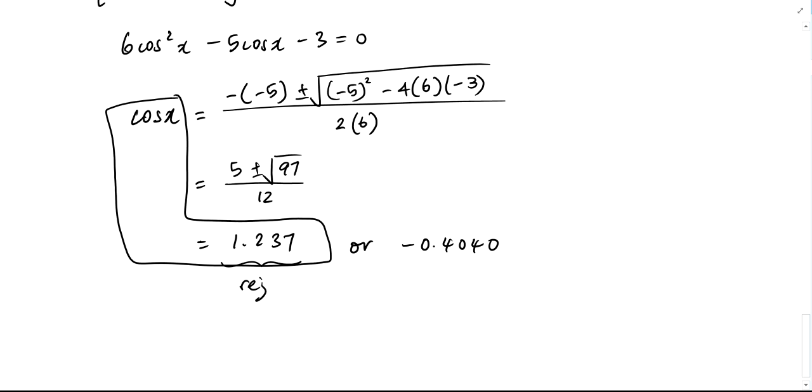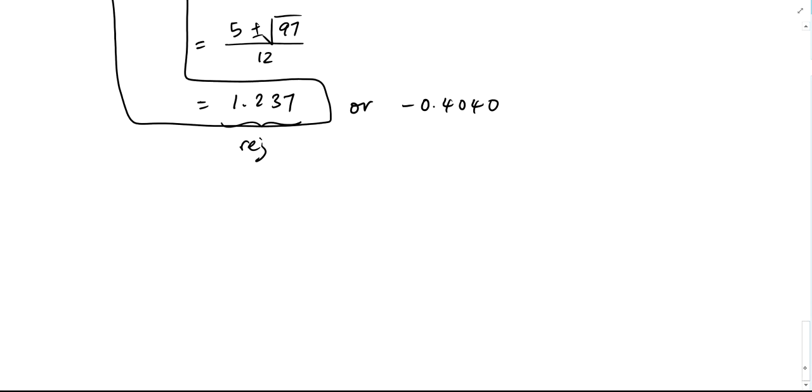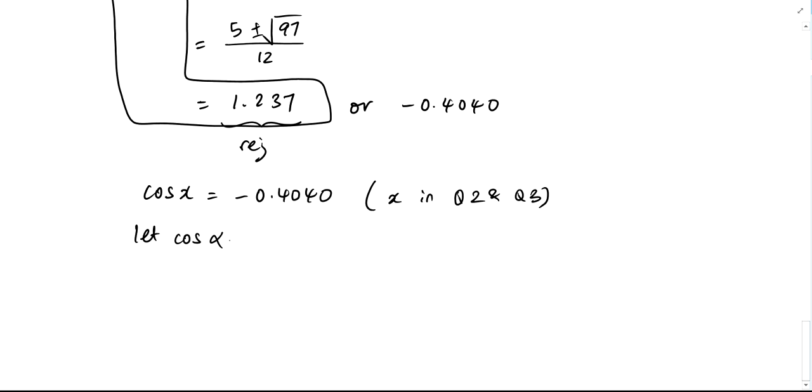Okay, so now we have half the work left to do. Cosine of x is negative 0.4040. This tells me that x is in quadrant 2 and quadrant 3. So let cosine alpha be 0.4040.